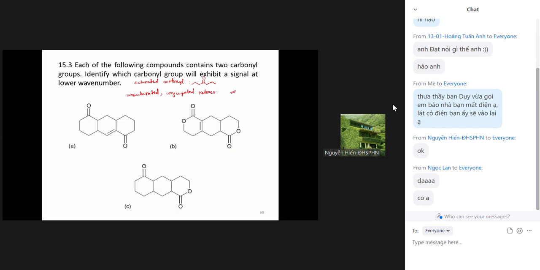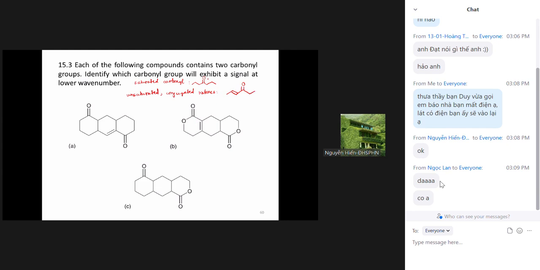In this case, you have a CC double bond in conjugation with a CO double bond. My picture is so bad, so I make another one. So this is the conjugated system.